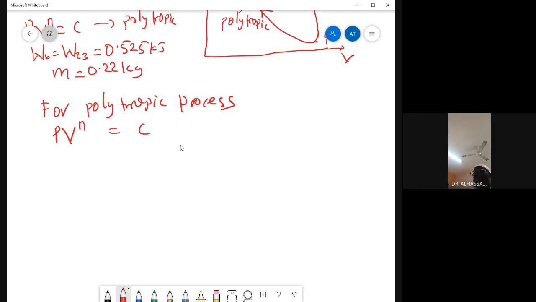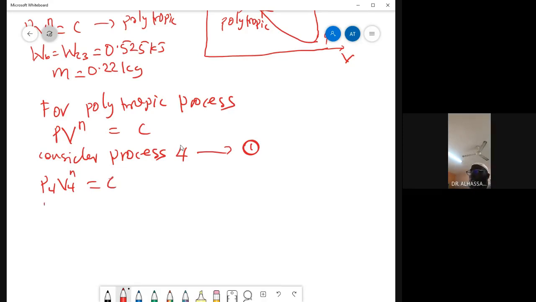If you consider process 4 to 1, then we will have P4 V4 raised to the power n equals C, and still P1 V1 raised to the power n equals C. So P4 V4^n equals P1 V1^n.